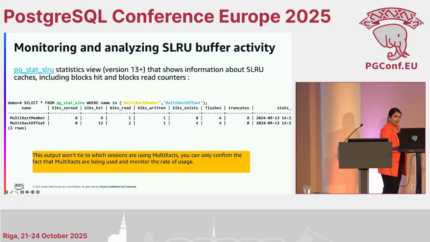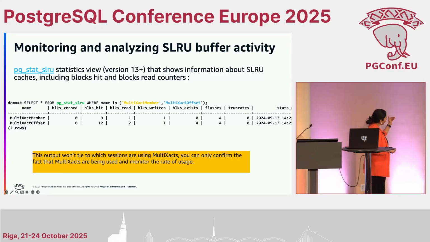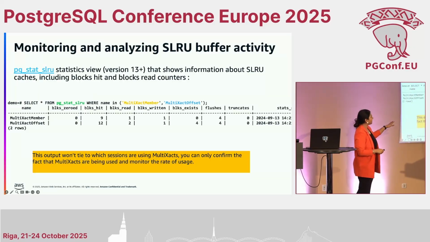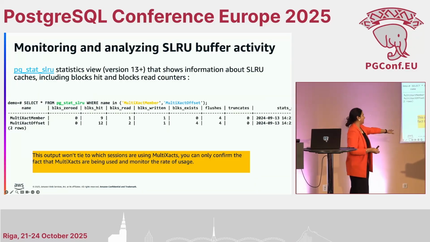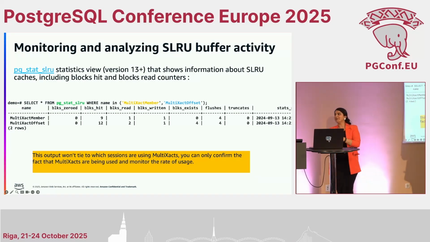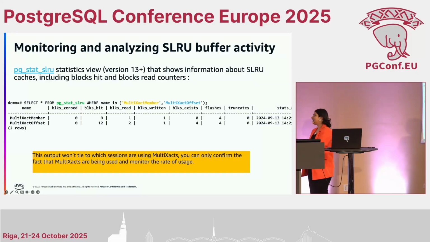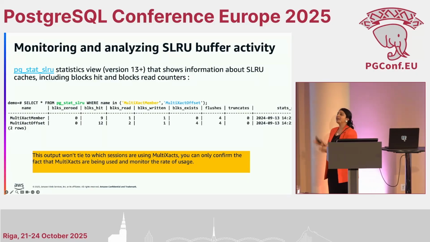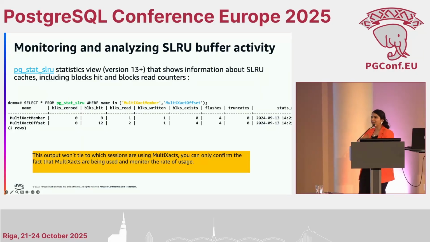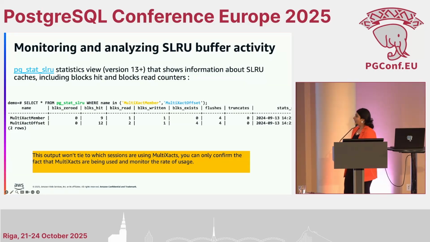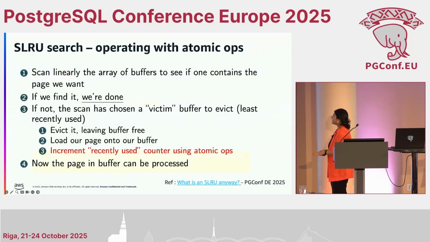Right now, that output will not tie to any sessions which are using multi-exacts. So you can only confirm that multi-exacts are being used and the rate of usage, but you can't really tie it back to a session at this stage.